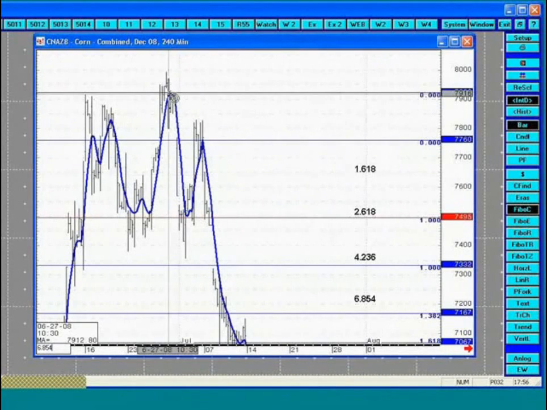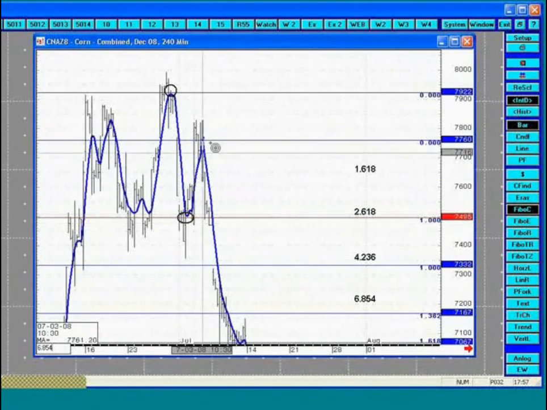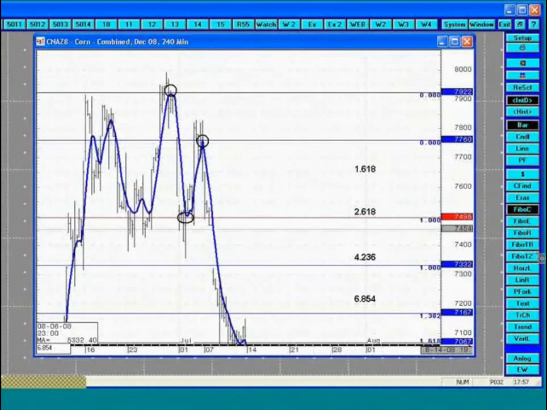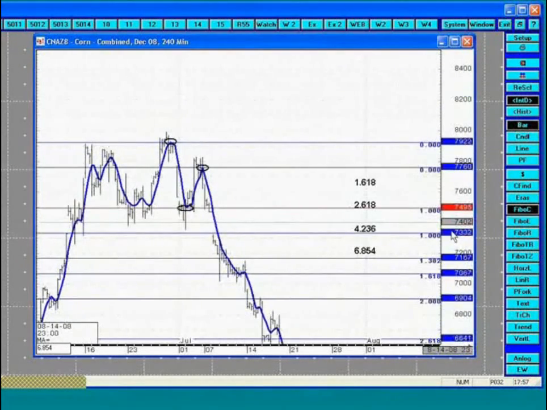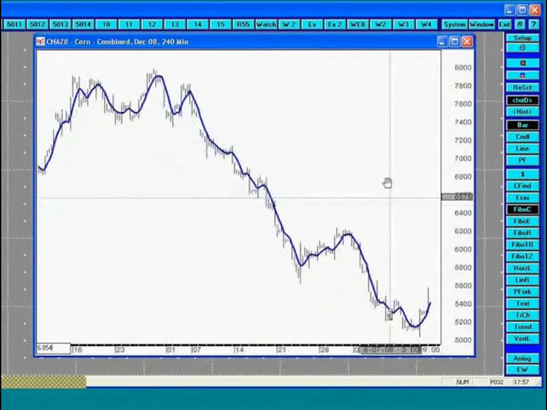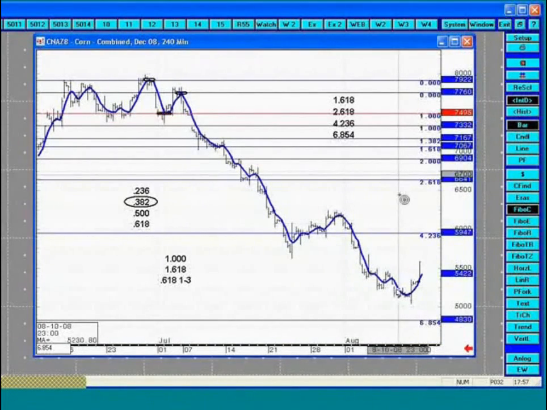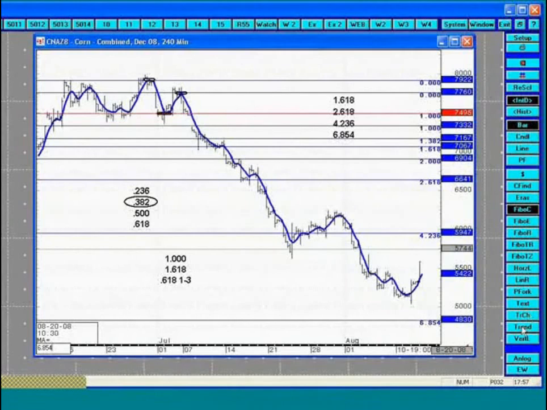I'm using this extreme in the moving average, this extreme in the moving average, and this extreme. This would be my wave 1 and my wave 2. Now we just discussed what were common Fibonacci objectives for third waves, and as we know, 4.236 is one of them.